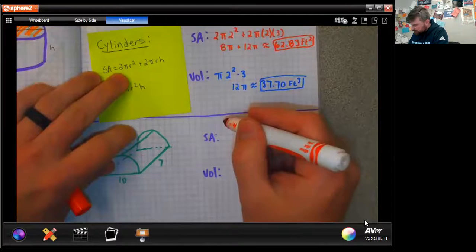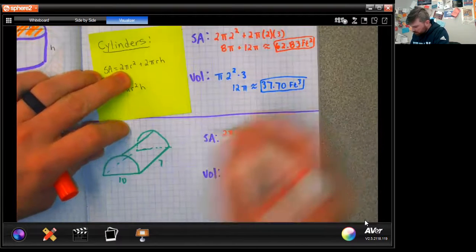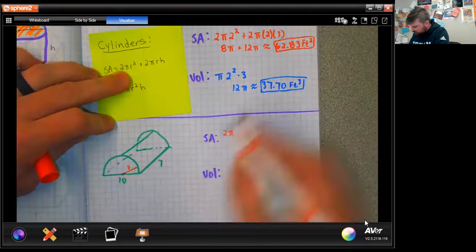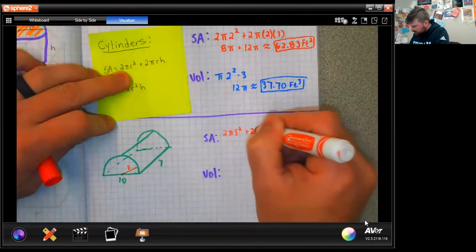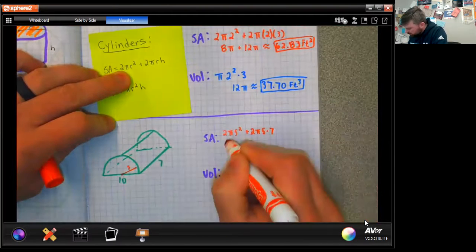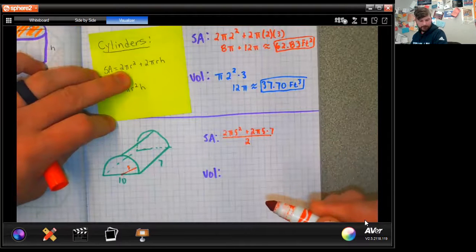So we're going to say 2 pi r squared. R is half of this, which is 5. So 2 pi 5 squared plus 2 pi 5 times 7. But we only want half of that. Okay.